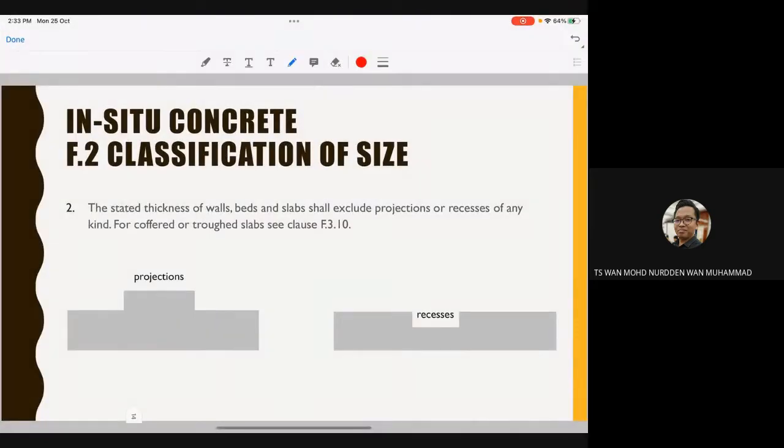Okay, F.2 point 2. The stated thickness of wall, beds and slabs shall exclude projection or recess of any kind. For cover or trough slab, see clause F.3.10. Yang ni tak apa, kita tengok bila kita sampai kat sini lah. Tapi for this one, the stated thickness of wall, beds and slabs shall exclude projection.